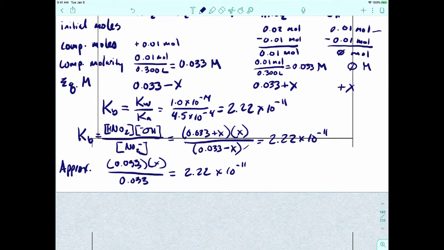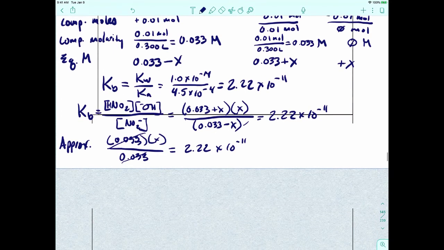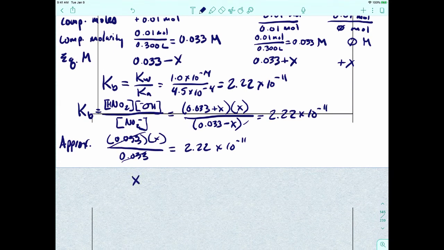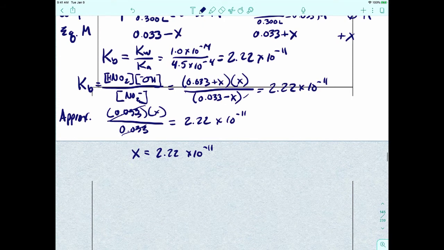We can divide out the 0.033s. Those cancel, and so we're left with X equal to 2.22 times 10 to the minus 11th. Wow! So we didn't even have to take square roots or anything. The concentration of hydroxide ion is equal to 2.22 times 10 to the minus 11th molar.